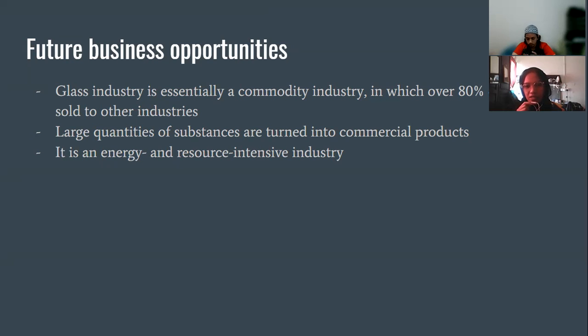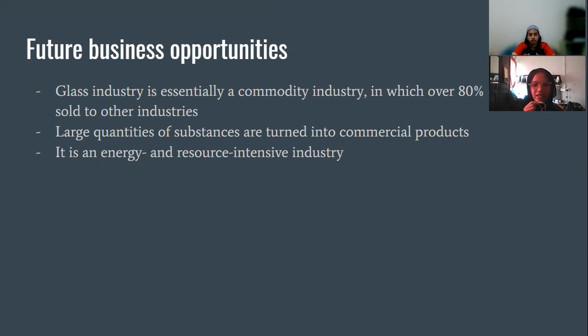Domestic and special glass includes respectively drinking glasses, oven dishes, and optical glass, electrical equipment screens, and lighting glass. The glass industry is essentially a commodity industry in which over 80% of output is sold to other industries.